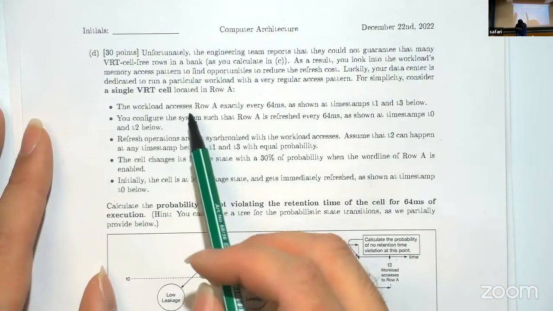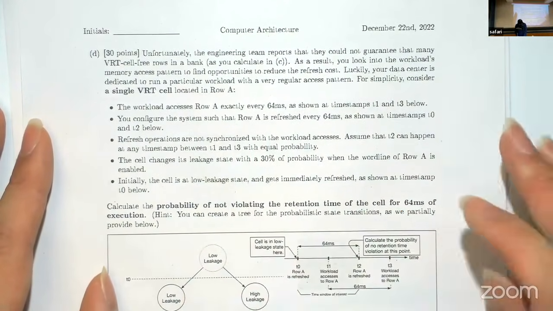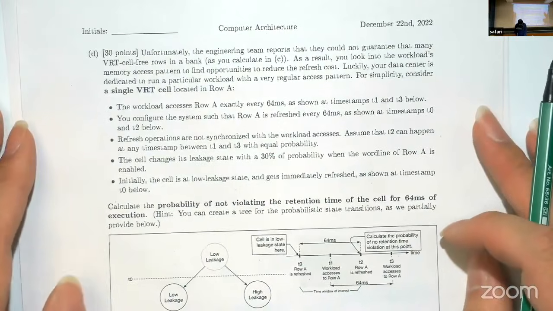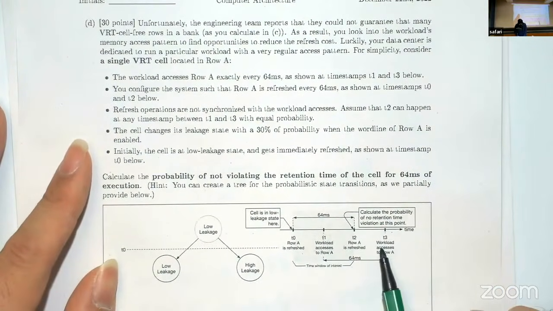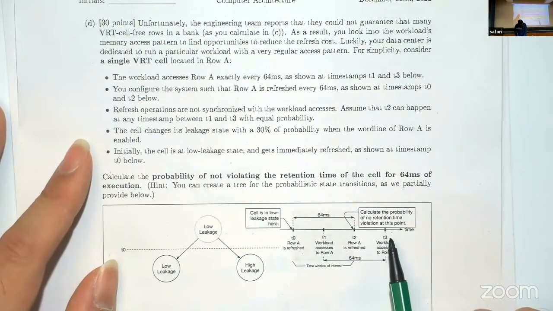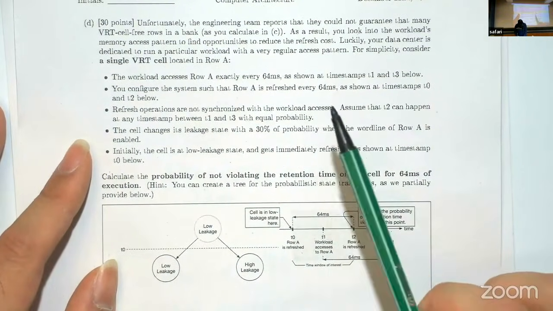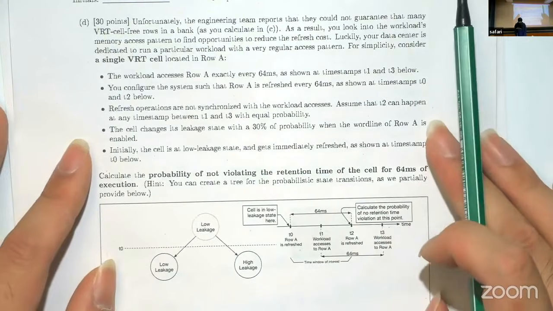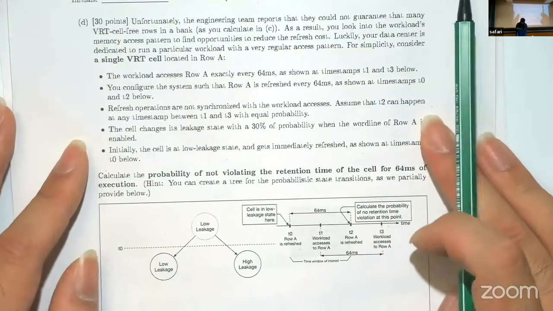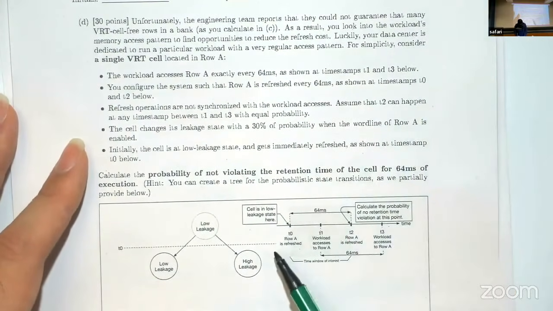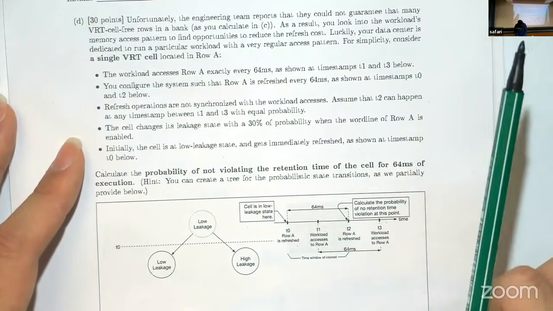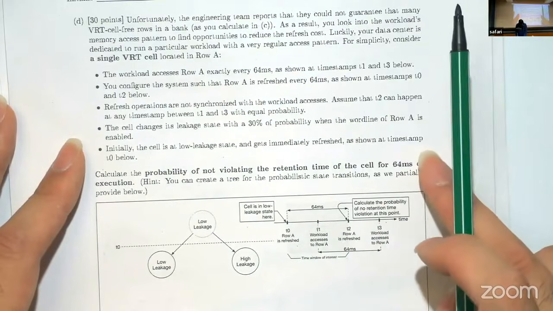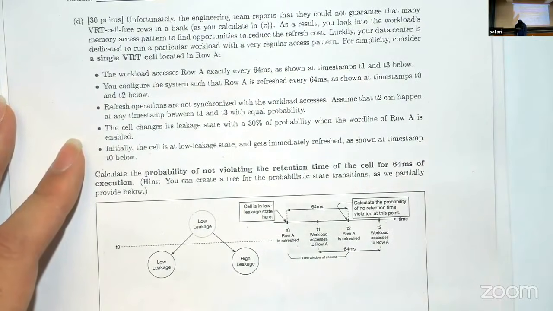The workload accesses row A exactly every 64 milliseconds, at timestamps T1 and T3. And the system is configured such that row A is refreshed every 64 milliseconds, at timestamps T0 and T2. Refreshes are not synchronized with workload accesses.